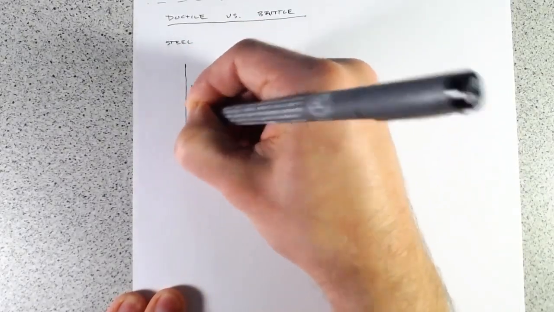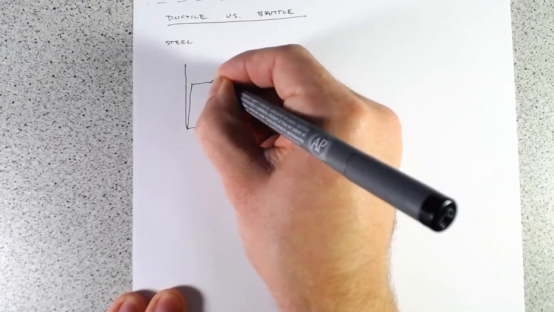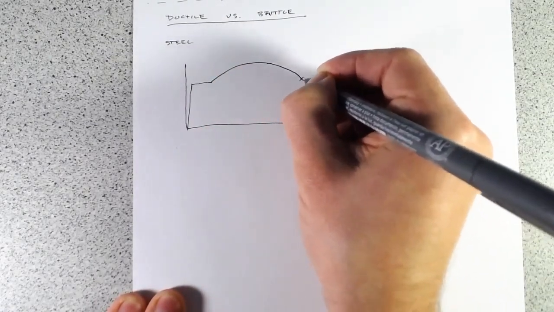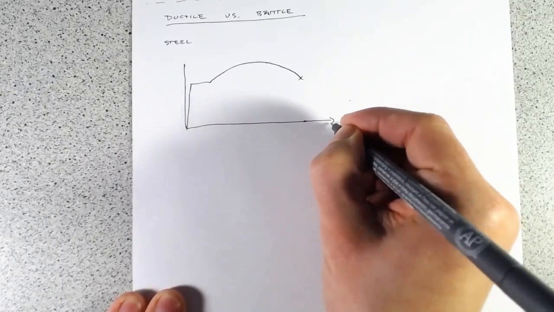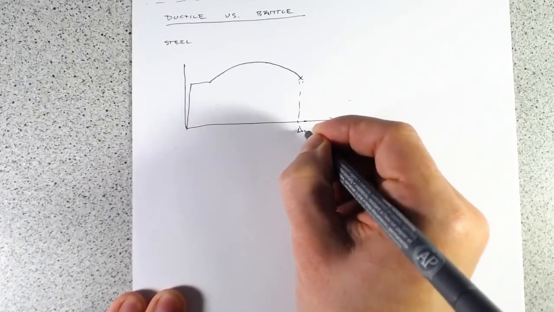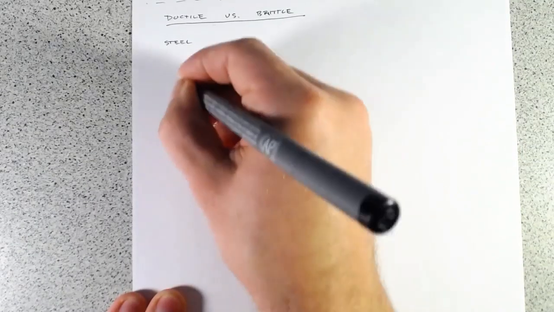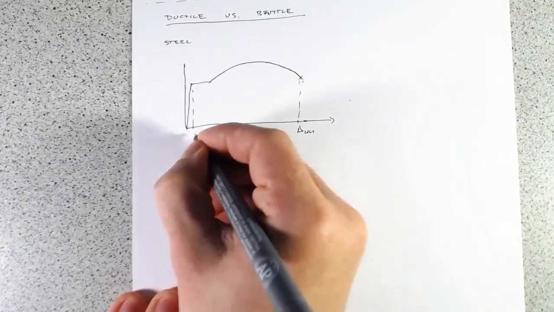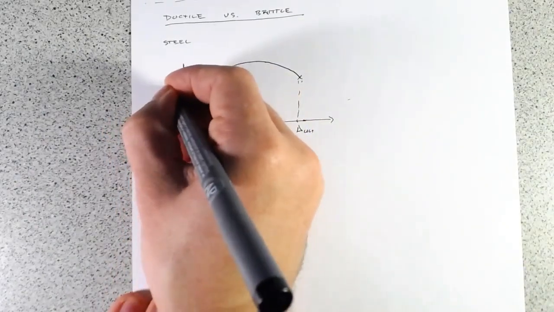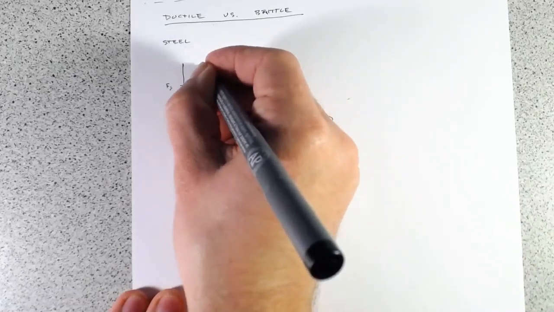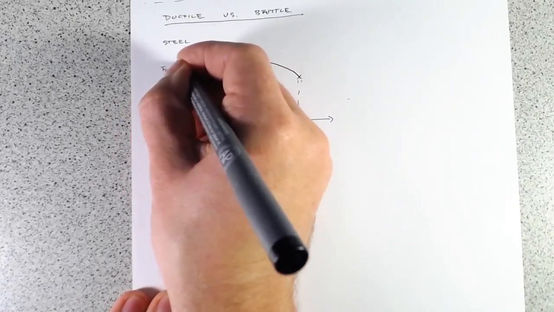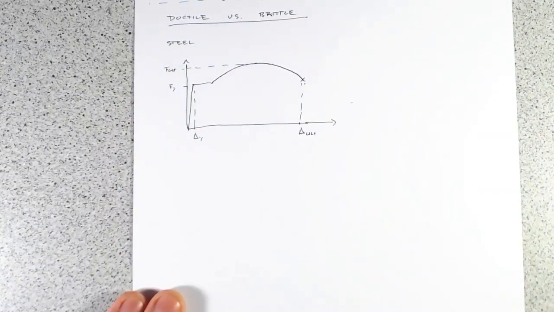we've drawn this a few times now. So we have the ultimate displacement, and we have the yield displacement, Fy, and F ultimate.